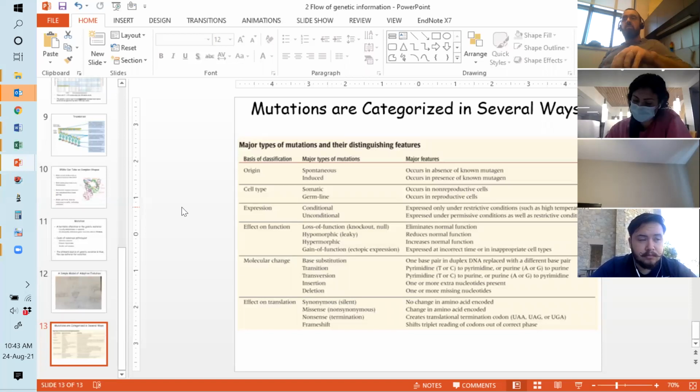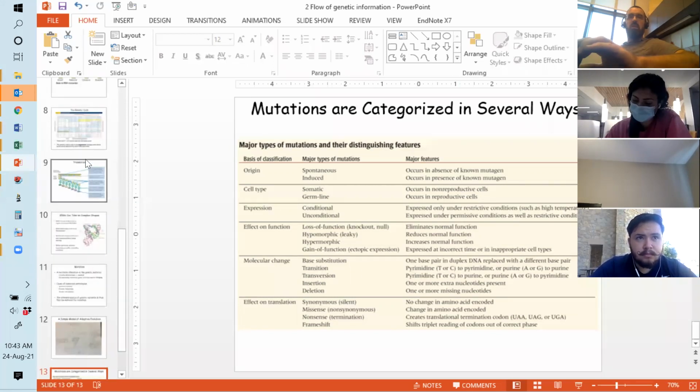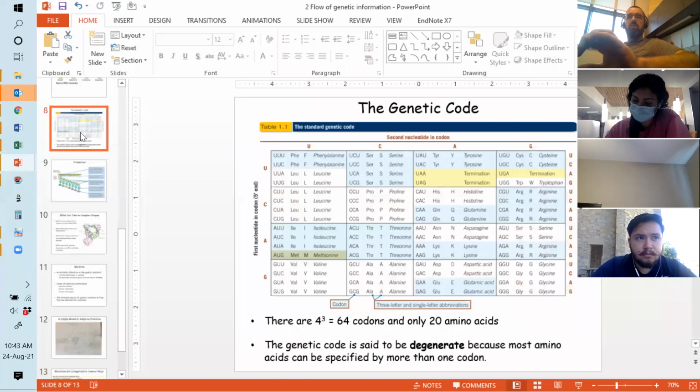What kinds of mutation you get also makes a big difference. Let's say there's a mutation in a coding region which turns our CUU codon for leucine into CUA. Is there going to be any change to the protein?